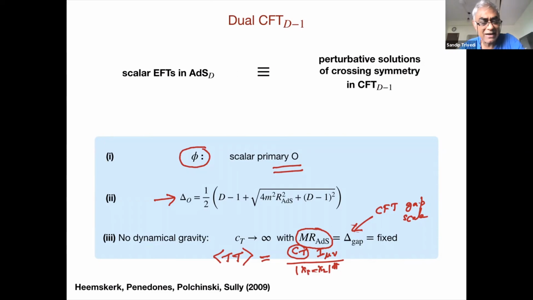Can I ask, Sandipan, is it possible that what you had in mind was a situation where there is a mass scale m, which is parametrically smaller than M-Planck? Of course, exactly how to achieve that, whether you can, is another question. I agree completely.